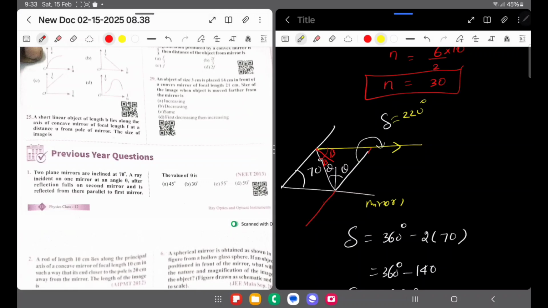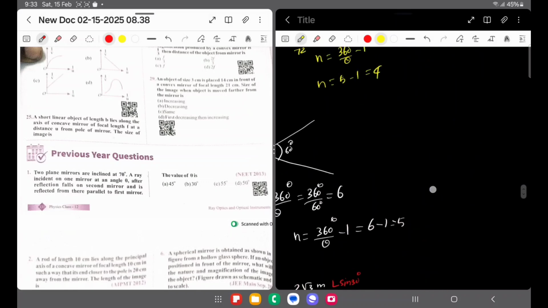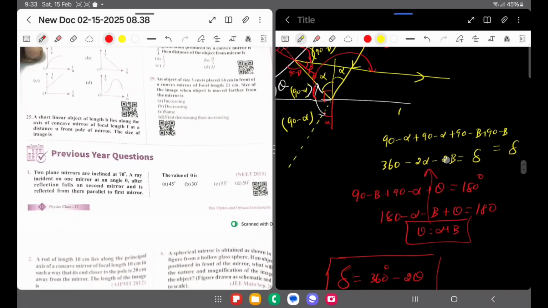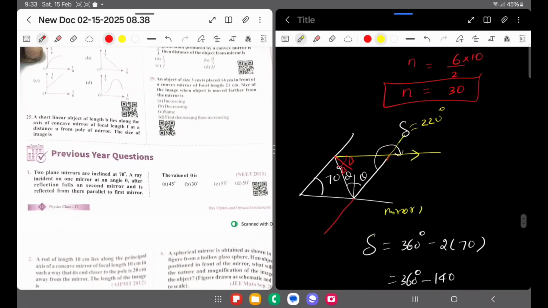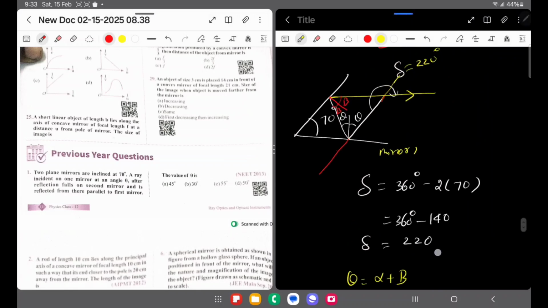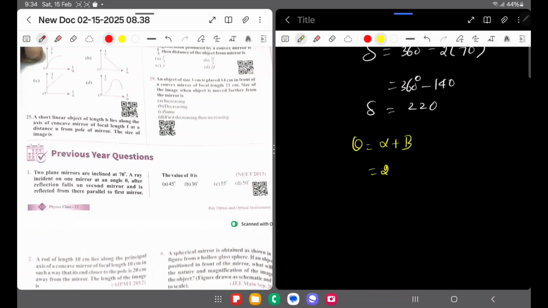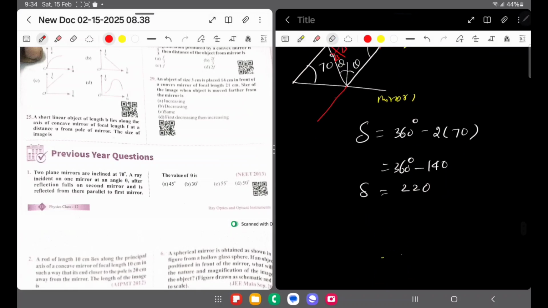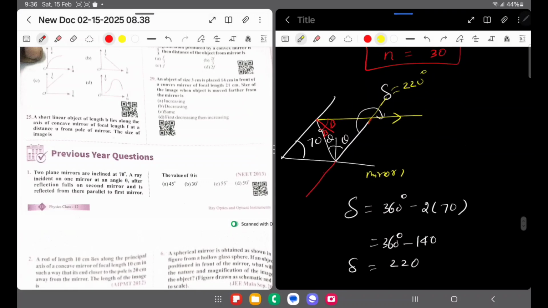If the deviation angle is 220, this angle is 220 degrees. It is between the original path of the light ray and the finally emerging light ray direction.